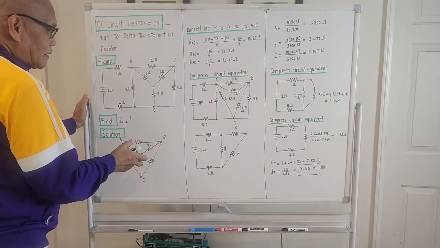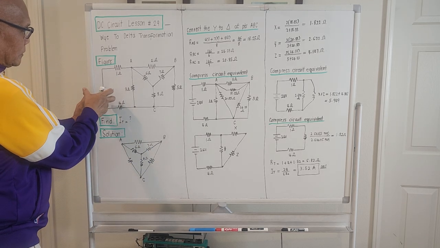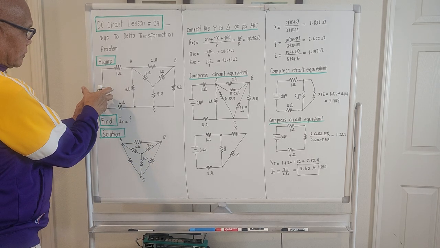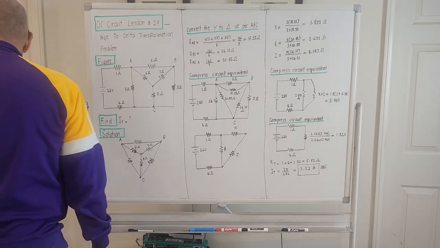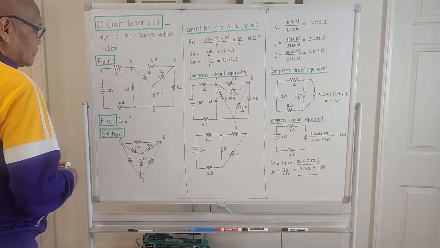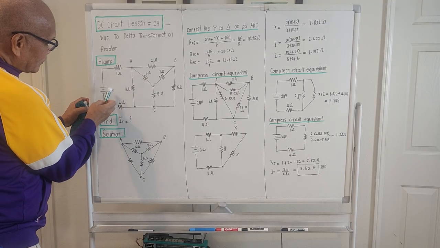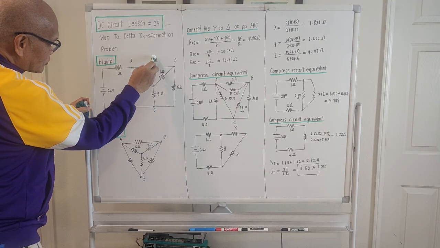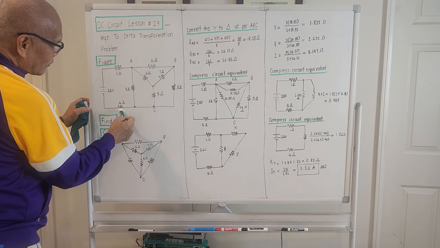We are given the given figure here. The values are given. Okay, this will be 24. This is 1 ohm. This is 2 ohms, 5 ohms, 3 ohms, 4 ohms.